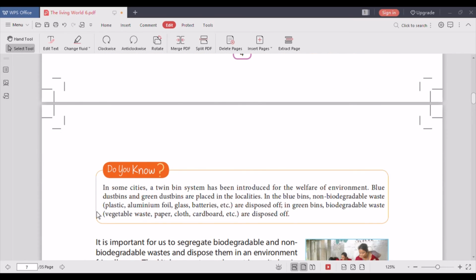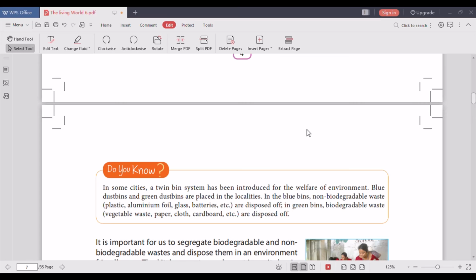In some cities, a twin bin system has been introduced for the welfare of the environment. Blue dustbins and green dustbins are placed in localities. In blue bins, non-biodegradable waste like plastic, aluminum foil, glass, metals, etc. are disposed of.